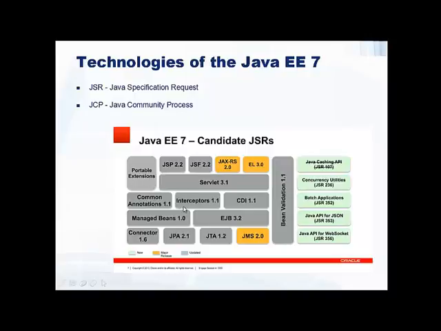The common annotations, interceptors, and context dependency injection, as you can see from this diagram, are cross-cutting technologies, meaning that they are used both in web container technologies and in business logic technologies and specifications. We have the managed beans.